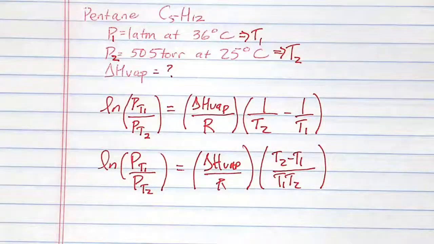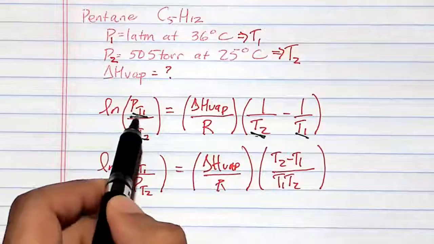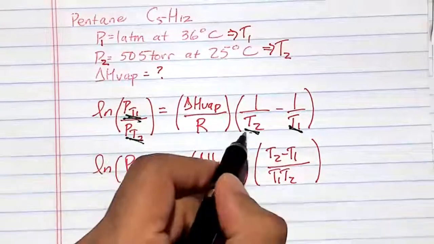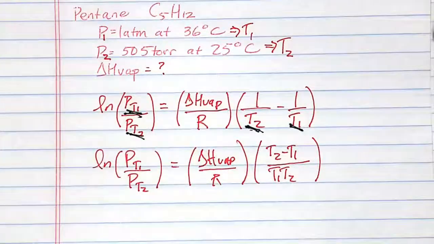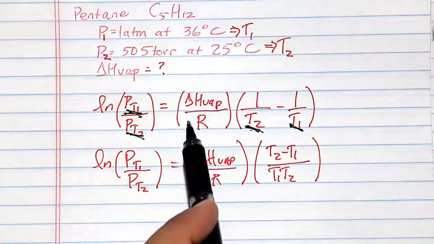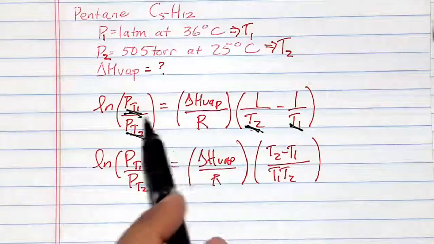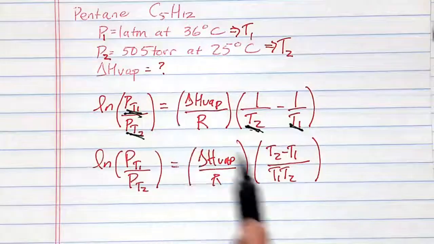Notice how your vapor pressure at temperature 1 and your pressure at temperature 2 are related by your enthalpy of vaporization. The enthalpy of vaporization, that energy, usually expressed in kilojoules per mole or joules per mole, sort of bridges the pressures and their temperatures.